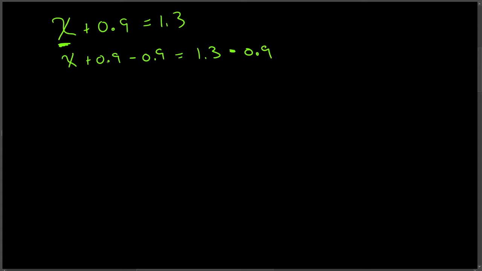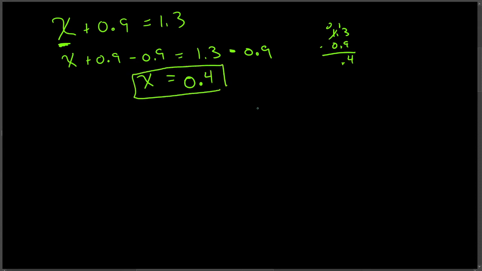So on this side, these will cancel. And here I have this subtraction of decimals. So I need to borrow one from here, and that's 0.4. And so we get that our unknown quantity is 0.4.